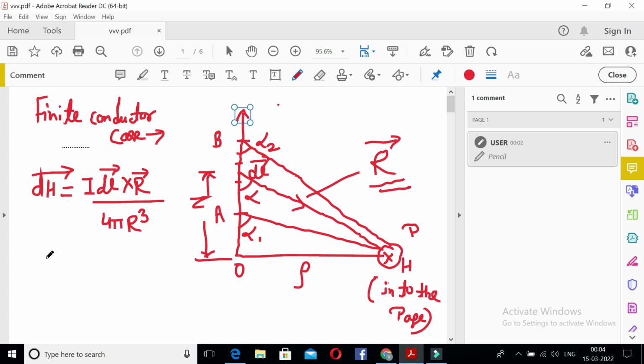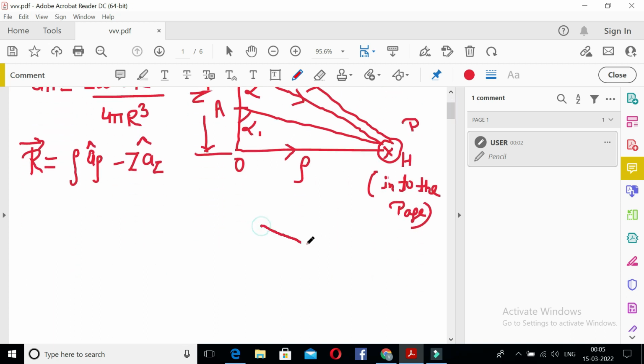Now the question arises, what is r vector? r vector is equal to rho a rho, because it is the direction, minus z a z, because I am interested to calculate this vector. We know this vector is rho a rho, and in the upper direction z into az, so it is negative here.